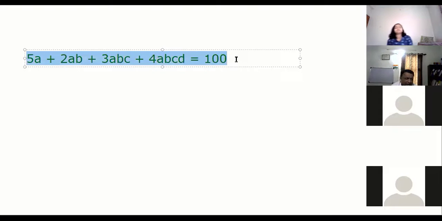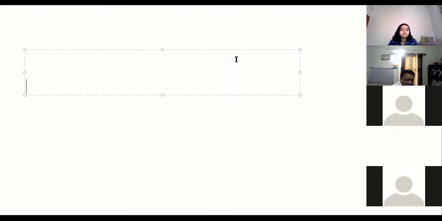And the last example: 27y to the power 4 z plus 52 y z to the power 3 x to the power 2 equal to 5000.